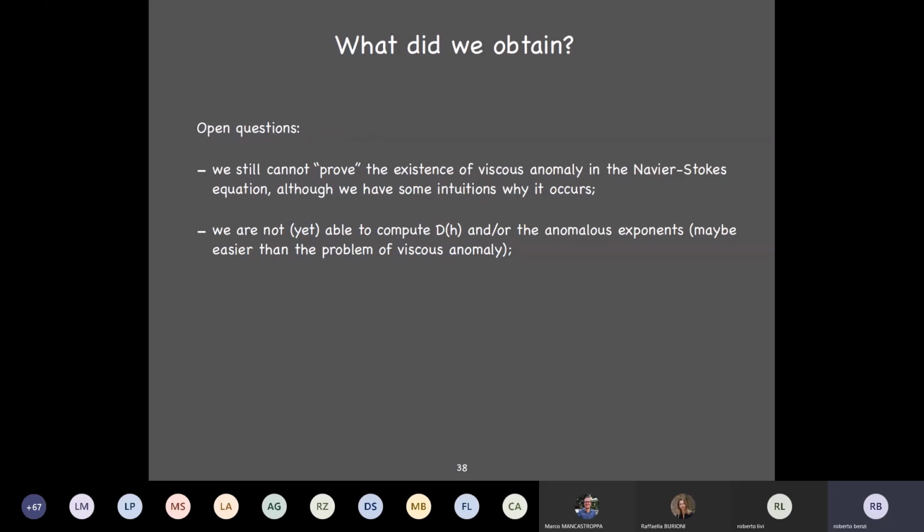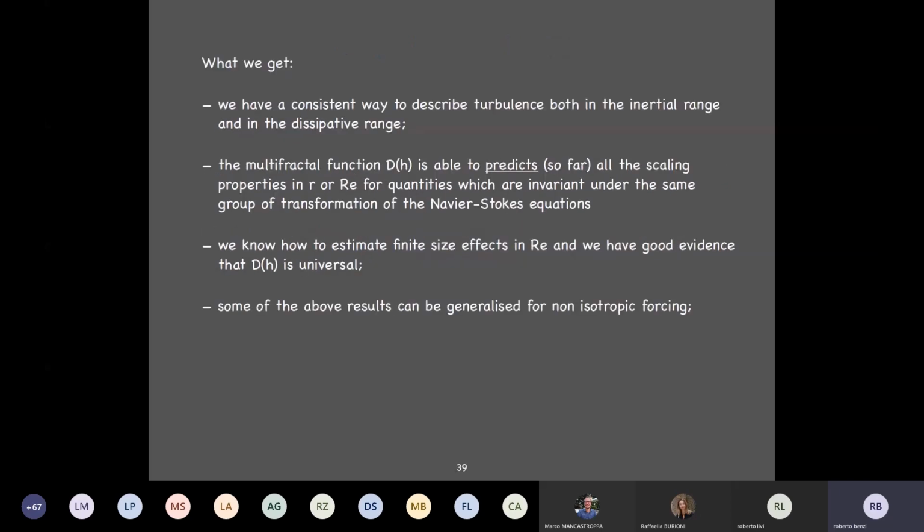There are cases where we can do something, but essentially we still need a systematic approach. I would say that this problem is really less difficult than the first one, although it is very, very difficult. And this is something which is obviously to be done. But what you obtain is non-trivial. We have a consistent way to describe turbulence from the inertial range and the dissipative range.